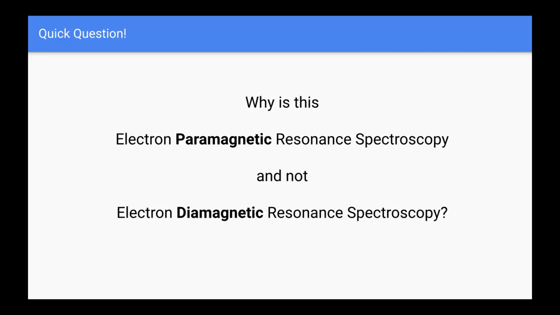If the spins cancel out, then you get no net magnetic field. When we're looking at systems through this magnetic resonance spectroscopy, we want to have a resonating magnetic field. And the only way you can get that is when you have a charge spinning and it's not being canceled out. So that's why we can only do this on paramagnetic systems.